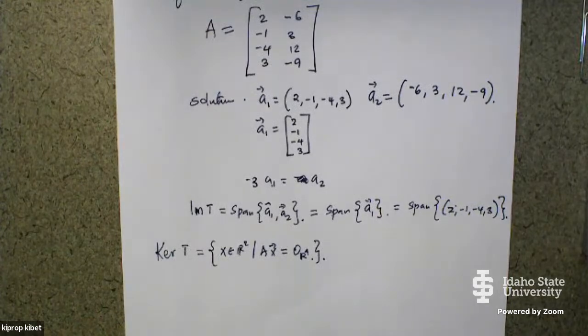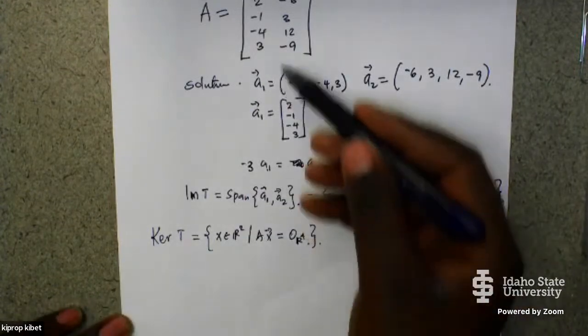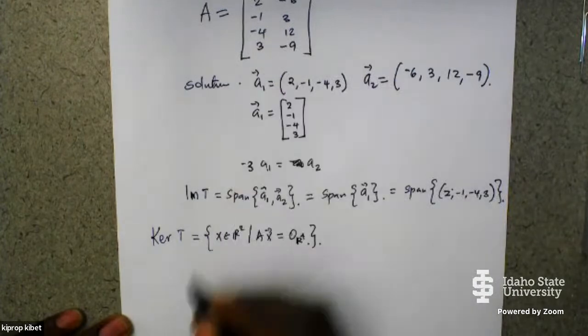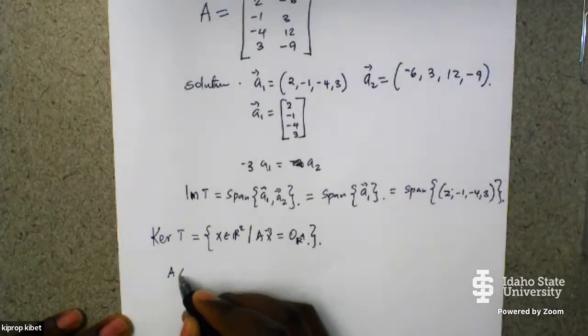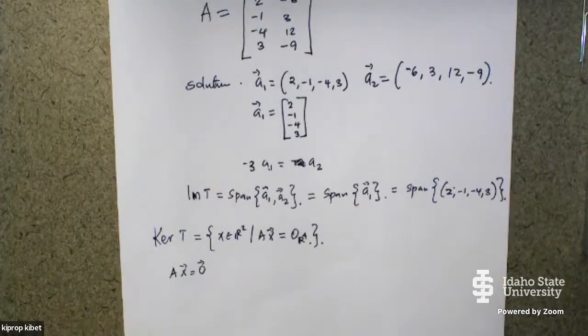So it is a solution. Then we need to get a solution. So to get a solution here, it is basically the same as A: we have that AX equals 0.